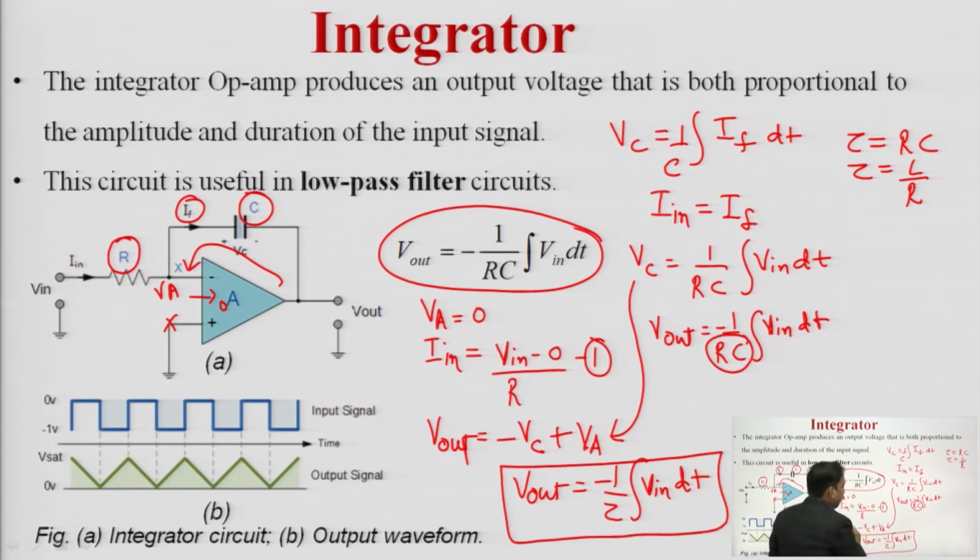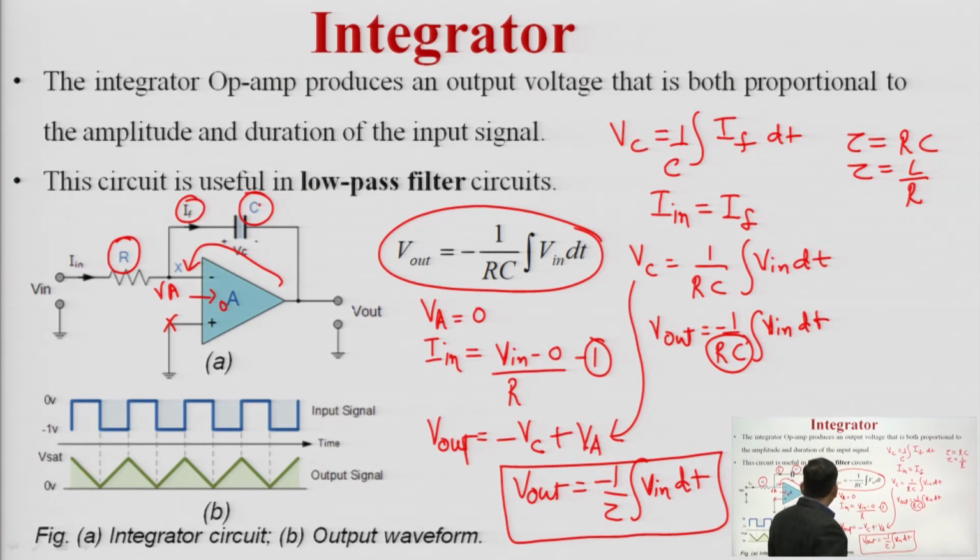This means we can achieve this integrator with the help of an inductor also. We need to replace this R by an inductor, so we have the inductor over here and the resistor over here. That will be the integrator using an inductor.